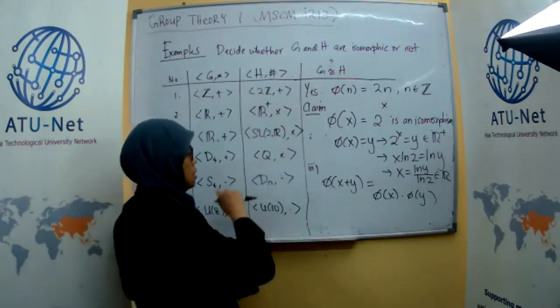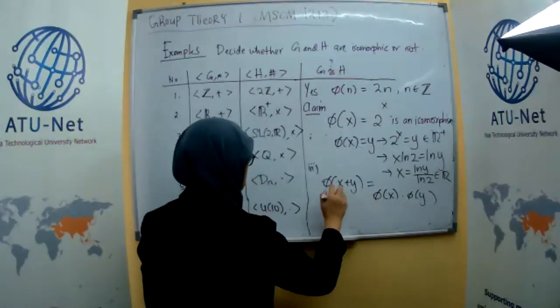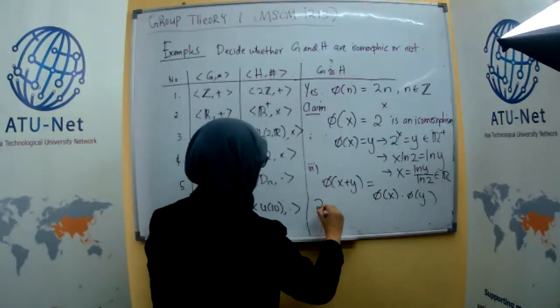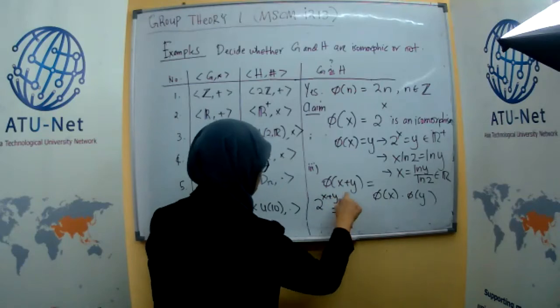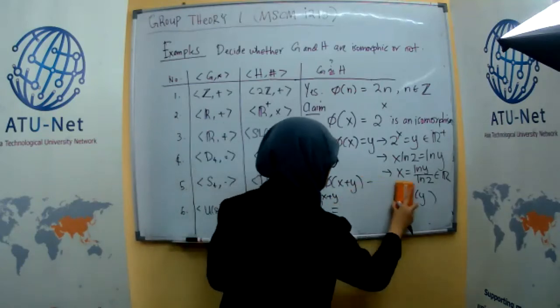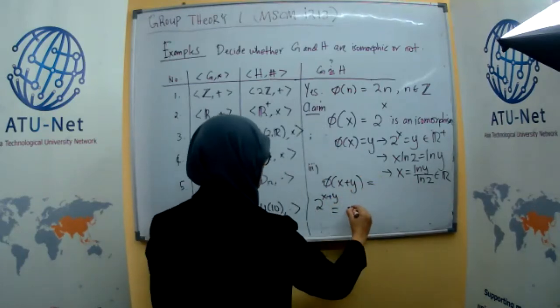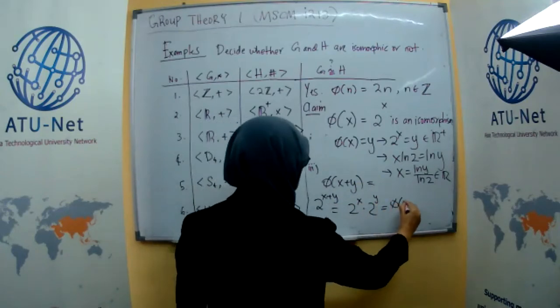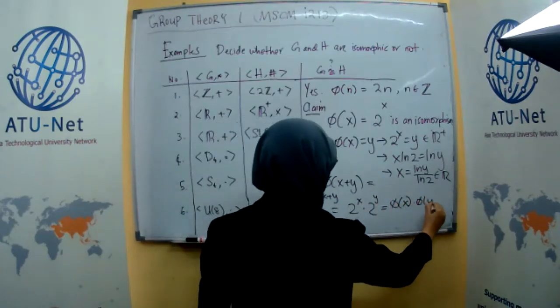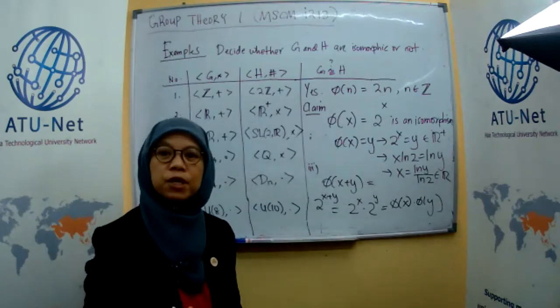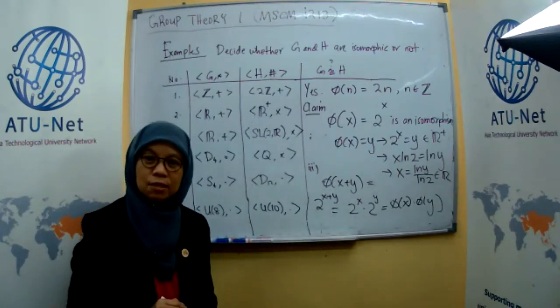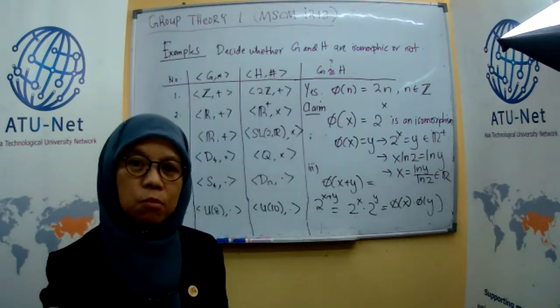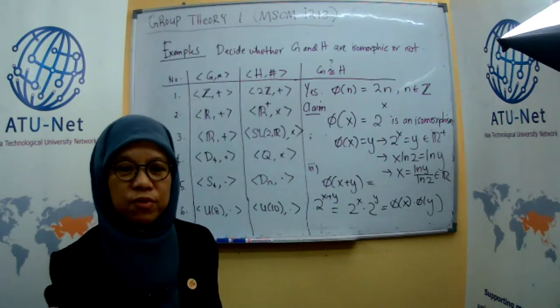If I don't put this, this won't work, because this is 2 to the x plus y, which is 2 to the x times 2 to the y, phi x times phi y. So it preserves operation. So it's a homomorphism, so it's an isomorphism.